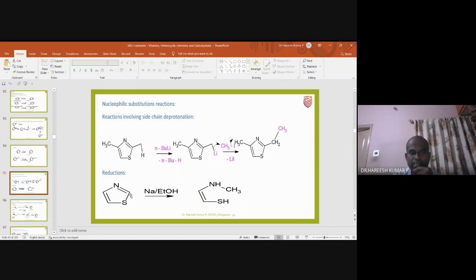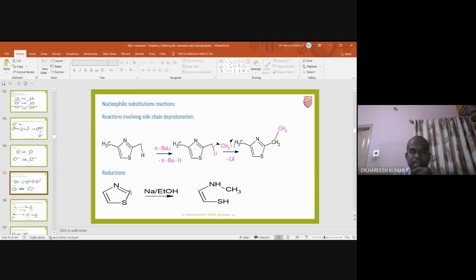One more electron is picked up from the sodium metal, and there will be a bond formation called CH2.